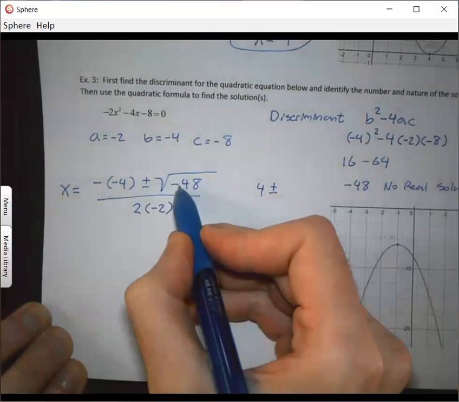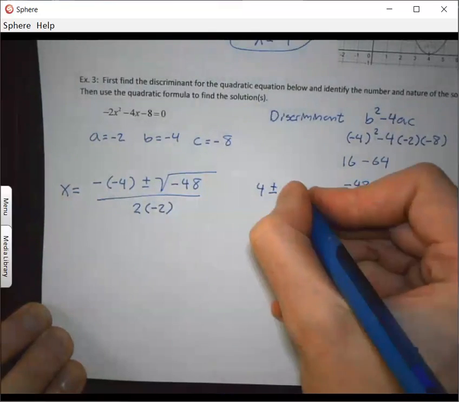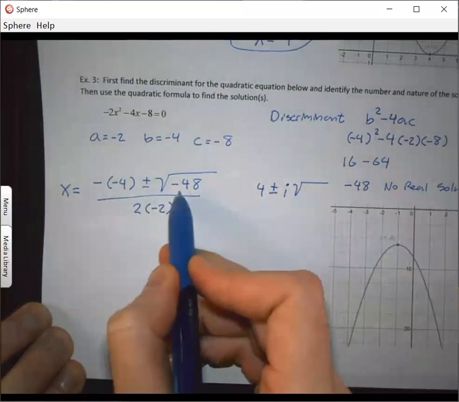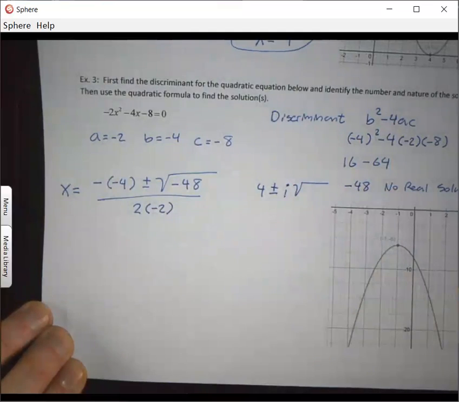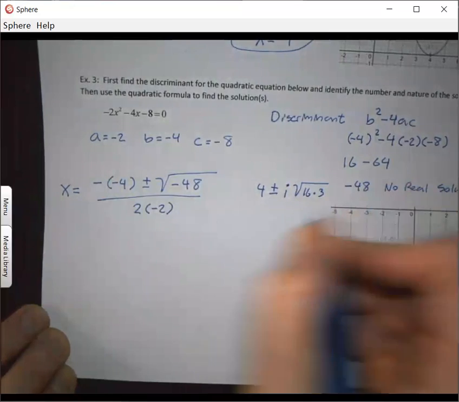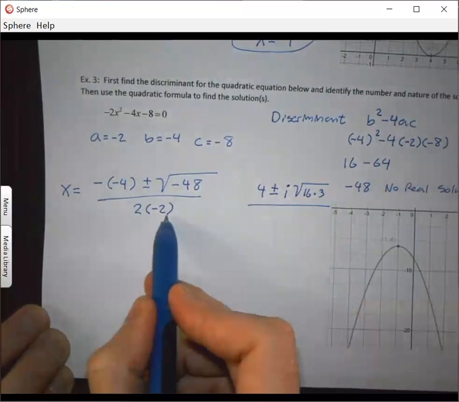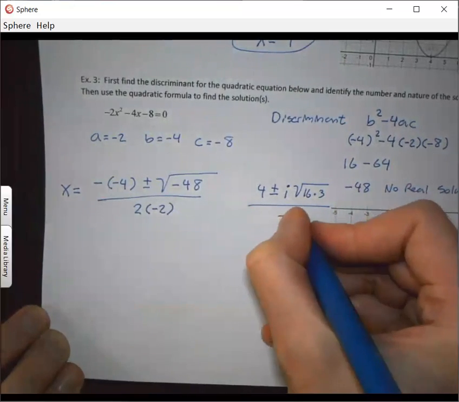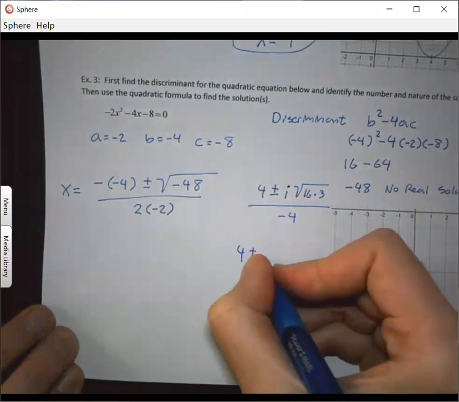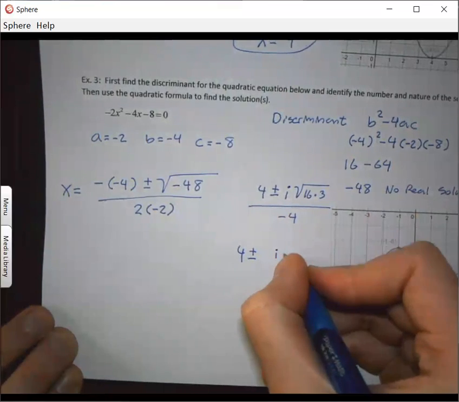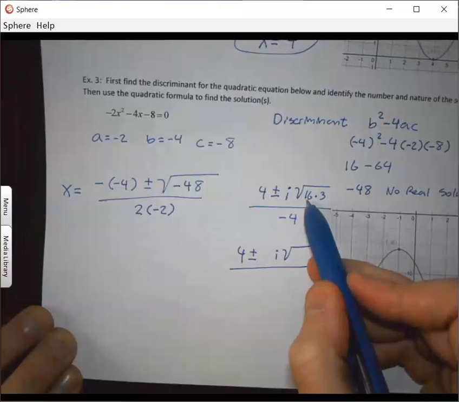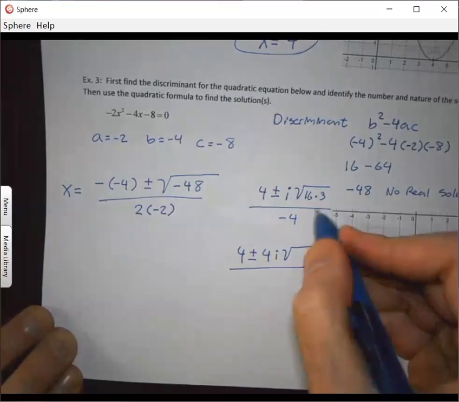I can take care of the negative under the root by bringing out an i. And then negative 48, that's 16 times 3, all over 2 times negative 2, which is minus 4. The square root of 16 is 4. The 3 stays under the root.